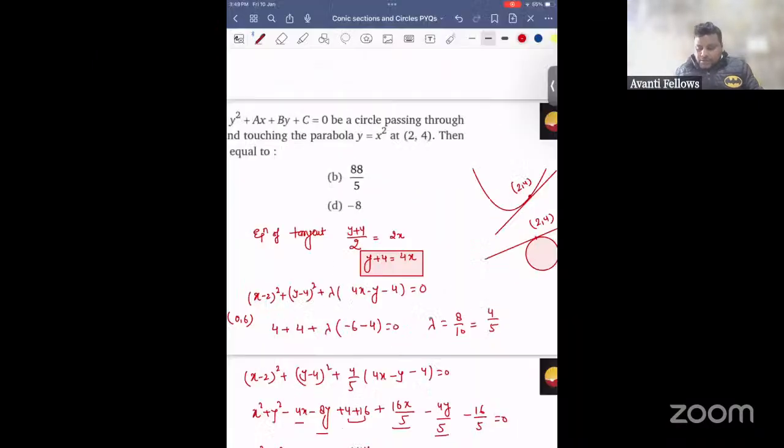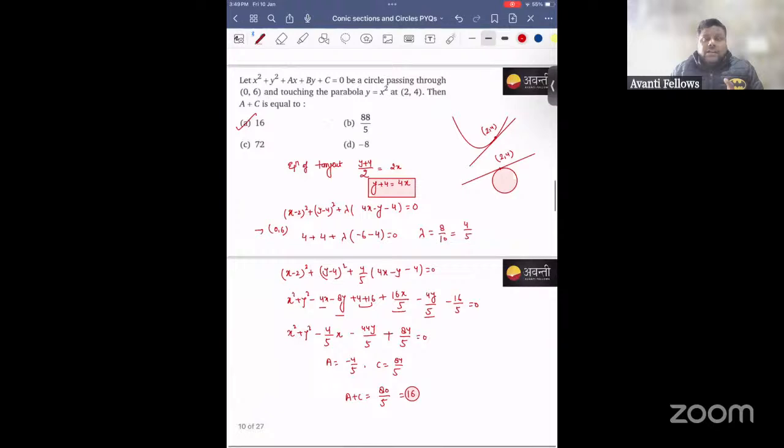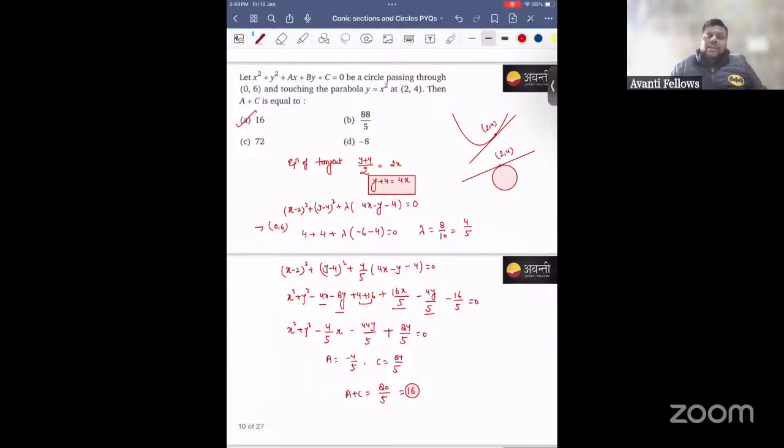Now see, in this one single question, they have asked you how to write the equation of tangent in point form to a parabola. Second thing, they have asked you how to write the equation of family of circle where this family is touching a given line at a given point on it. So it became a multi-conceptual, very good question.